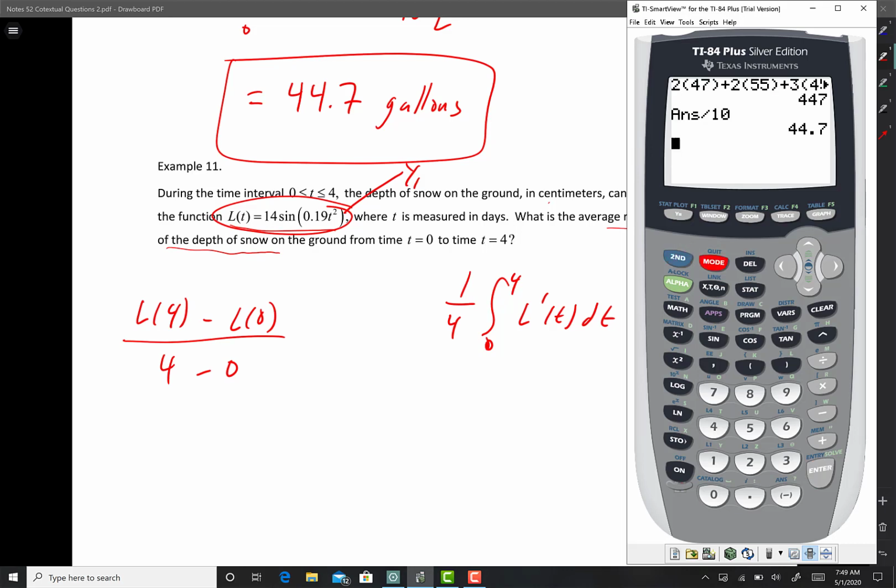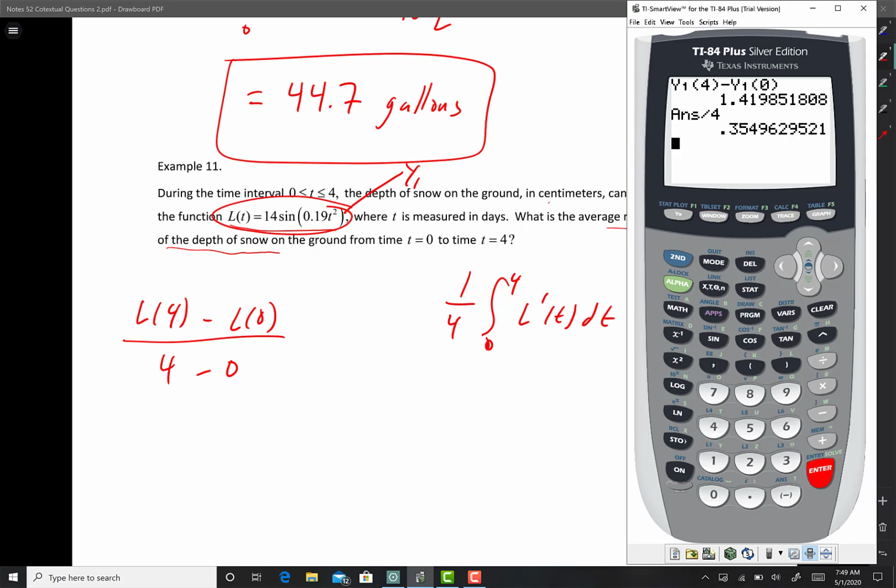So I'm going to clear that so I don't have that. Alpha trace, Y1 evaluated at 4. Close. Minus alpha trace, Y1 evaluated at 0. Close. Enter. Whatever that is, I'm going to divide it by 4. Enter.